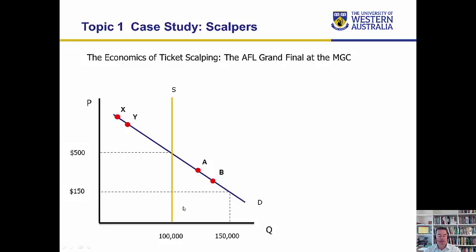So if you have a look along the horizontal axis, the demand curve stops at around about 170,000 people. So what I've literally got on this demand curve is the maximum willingness to pay of 170,000 people.